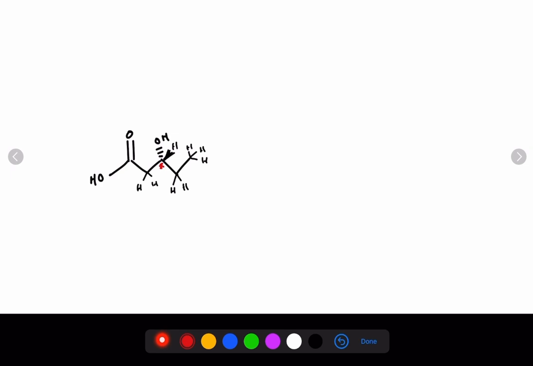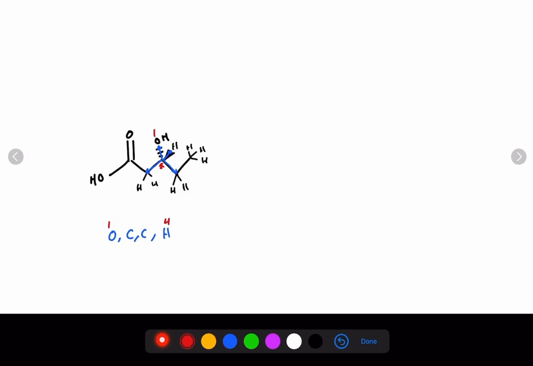We can assign our priorities really quickly to determine if this chiral center is R or S. To assign priorities, let's go one atom out in each direction. So we have an O, 2 C's, and an H. So we know the O is going to be first priority, the H is going to be 4th priority.